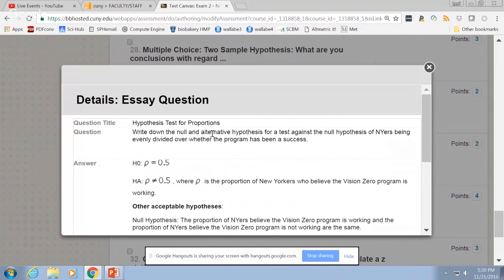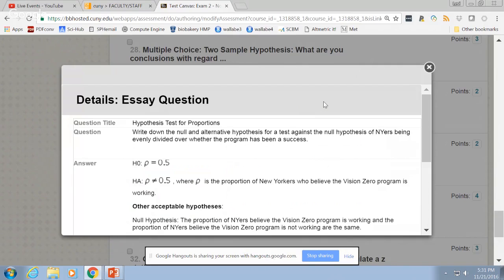Question: write down the null and alternative hypotheses for a test against the null hypothesis of New Yorkers being evenly divided over whether the program has been a success. I think that's pretty clear that that's a two-sided alternative. If it is greater than 0.5, then it is a success. If it is less than 0.5, then it is not a success. So you're asking people, do you think that the program has been successful, yes or no?